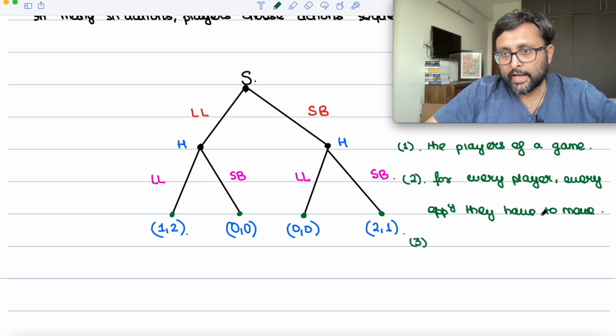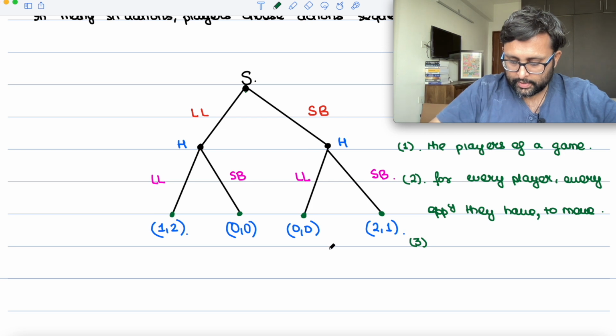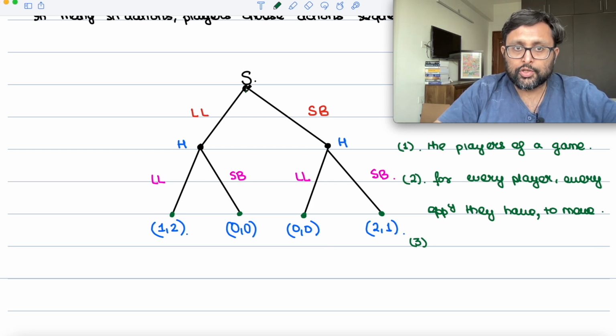Every opportunity they have to move, right? What each player can do at each node. So she can go to LL, she can go to SB, local latte or Starbucks.